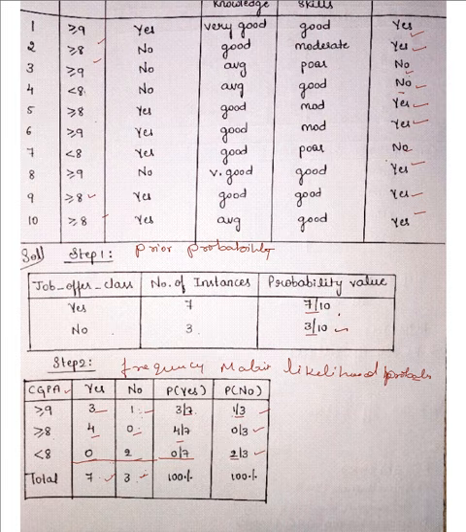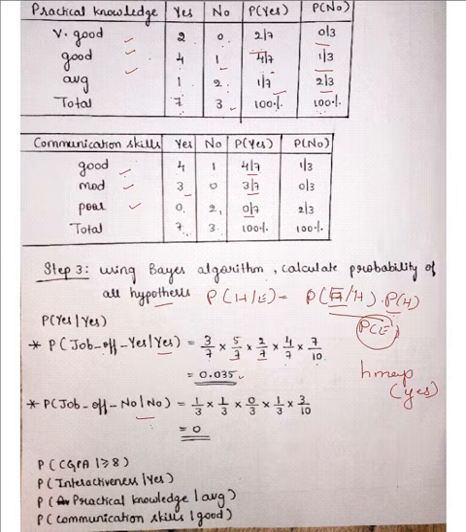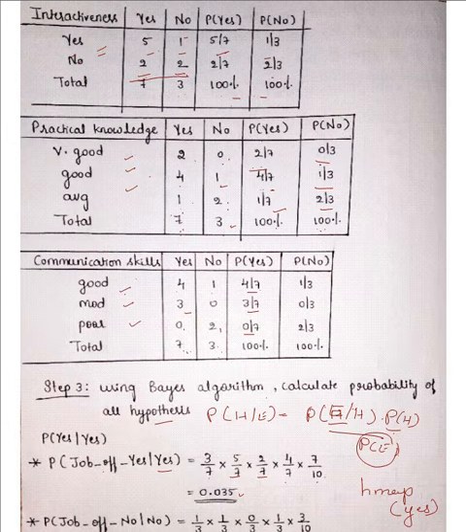Now for CGPA greater than or equal to 9, what is the probability of no? 1 by 3. This 1 by 3 into job offer no on no. So 1 by 3 into, see the practical knowledge here, what is the job offer? No on no, sorry, the first attribute, yes on no, now we are seeing.